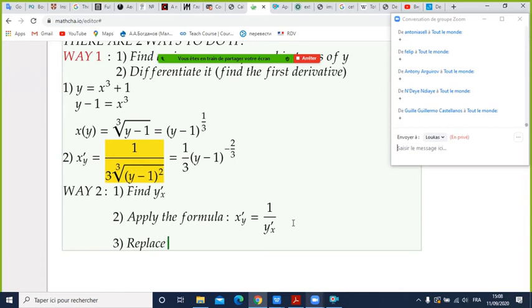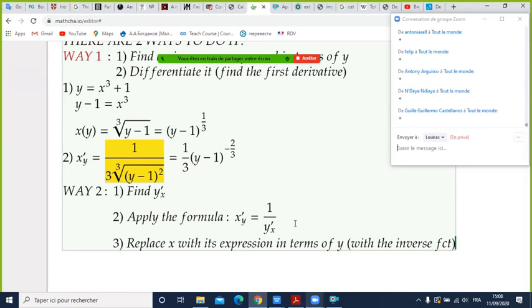Replace x with its expression in terms of y. So in other words, with the inverse function.